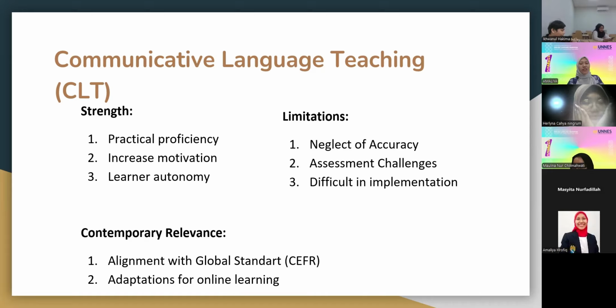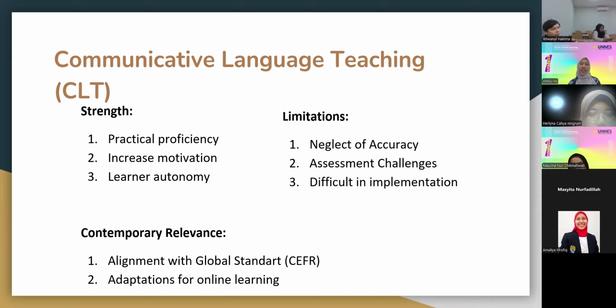Because learners need to communicate with other learners who can compete and produce something in spoken or communicative processes, so they increase their motivation to be more fluent than before. And then the third is learner autonomy. It means learners are encouraged to develop their knowledge, especially to produce a sentence or an utterance.